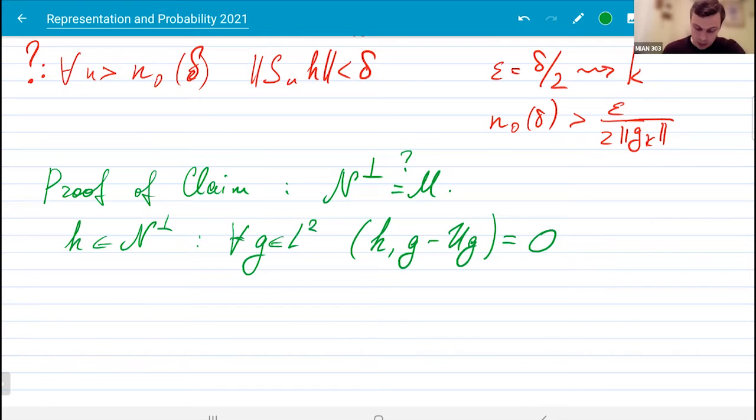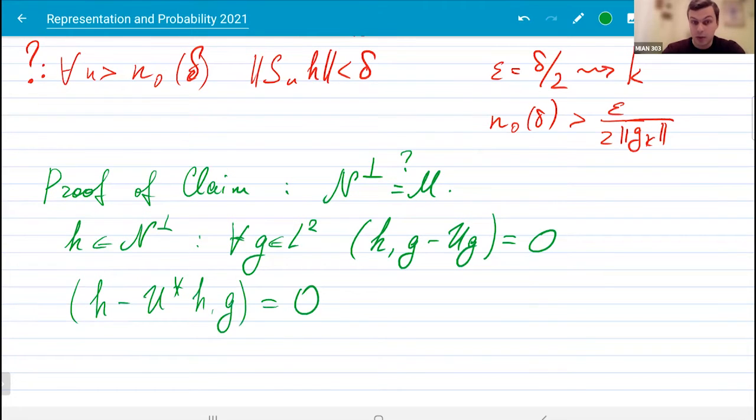So let's rewrite this as follows. This is the scalar product of h and g minus Ug, which equals, well, I just want to move this U to the other part. So you have just h minus U star h with g equals 0.